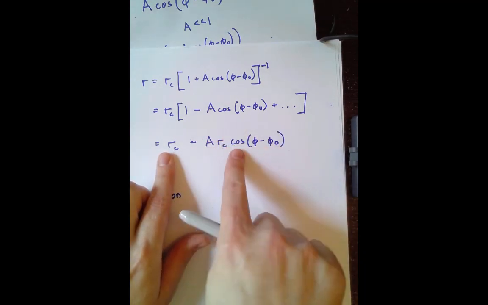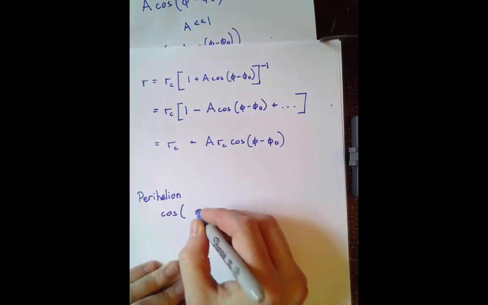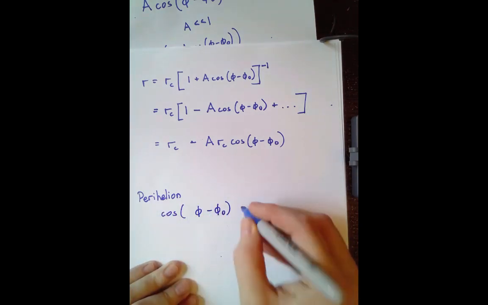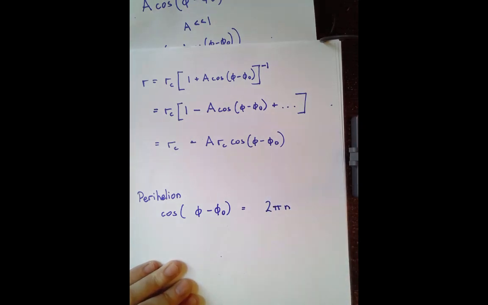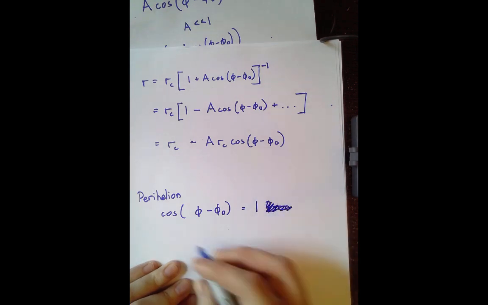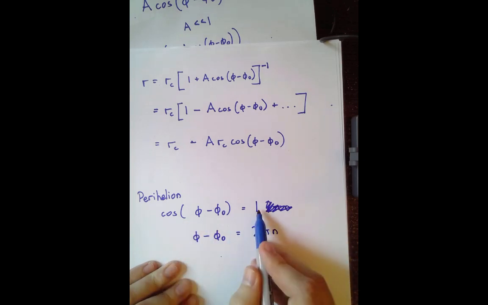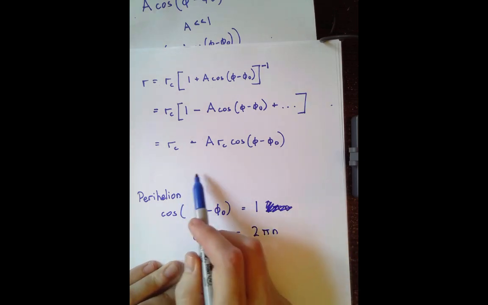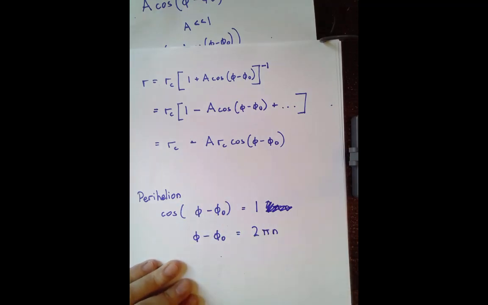And this is at its largest when cosine is at its largest. So in other words, when cosine of (φ minus φ₀) is equal to 1, which means that φ minus φ₀ is equal to 2πn, because cosine is equal to 1 when the angle is 0, 2π, 4π, 6π, and so on. So n is an integer.